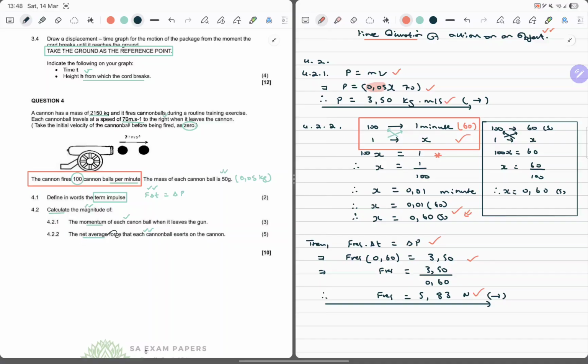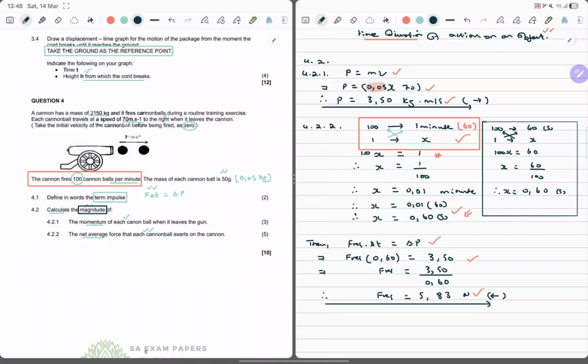Hey, wait, the net force each cannonball exerts on the cannon. It can't be to the right. This one must be to the left, because remember Newton's 3rd law. I wish the direction was included here. In fact, the way this question looks, I get the feeling the direction was supposed to be there. But why did they put this word?